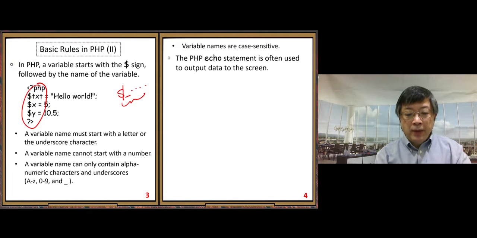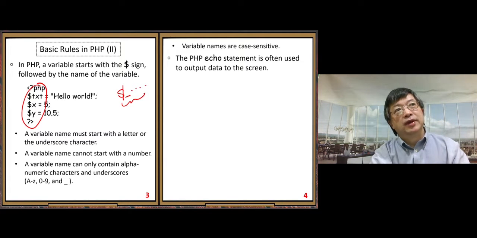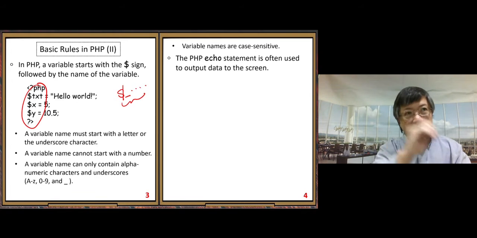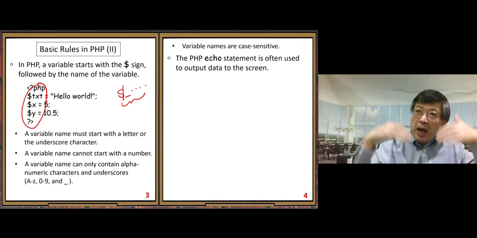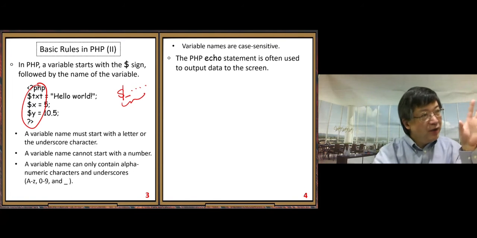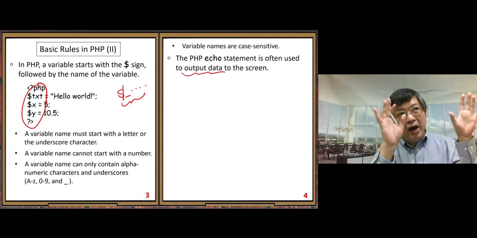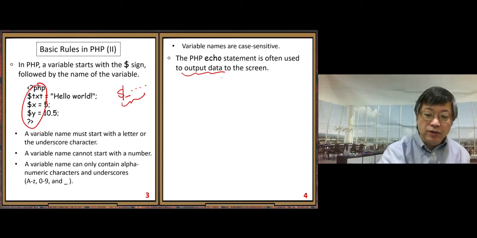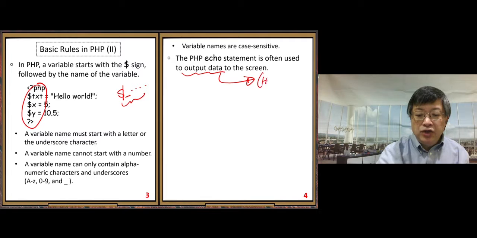All right, then the next one, the echo statement. It is frequently used in PHP code, often used to output data to the screen, when we need to generate content, HTML content. Although we do not say what kind of output data, by default we are expected to generate HTML content.